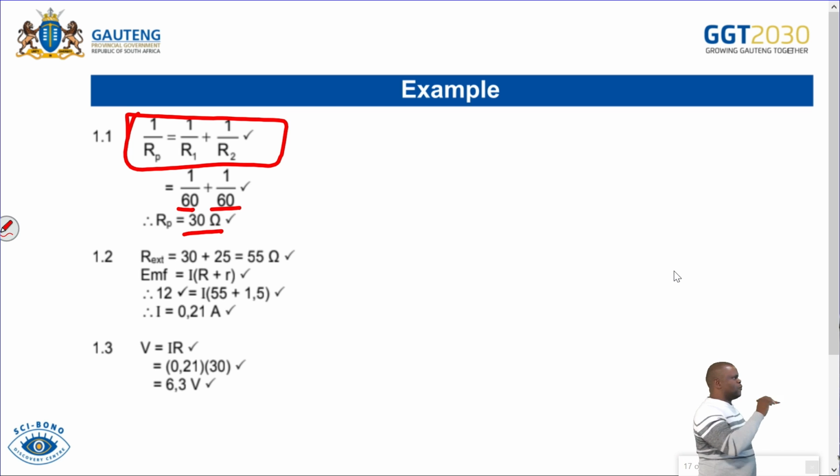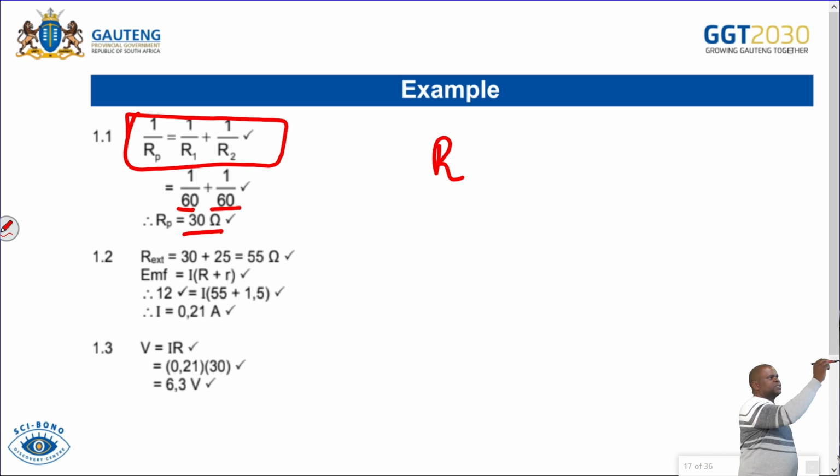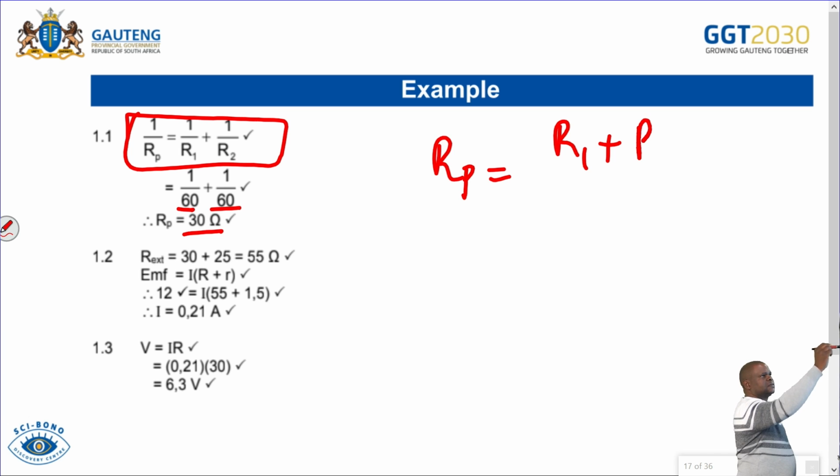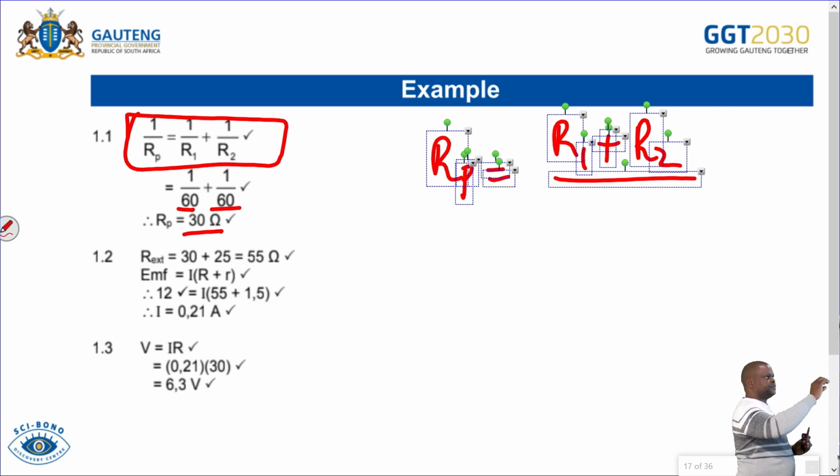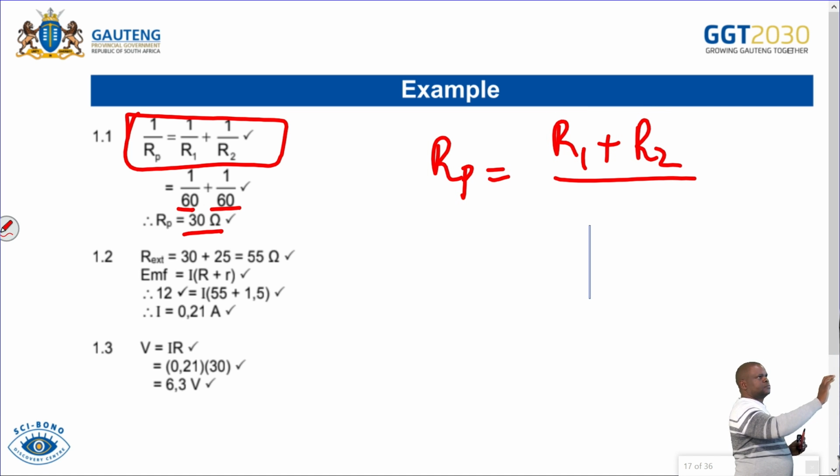Okay, let's use another formula. Let's see if another formula can give us the correct answer also. We said another one is Rp is equal to R1 plus R2. Okay, sorry, my bad. It is multiply.